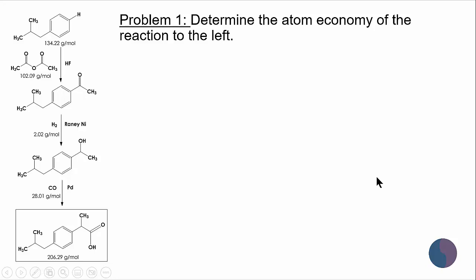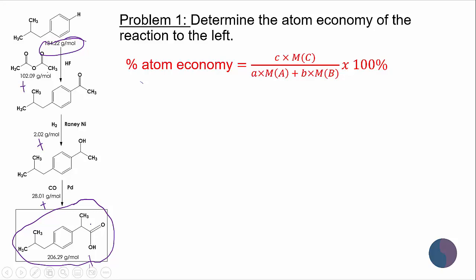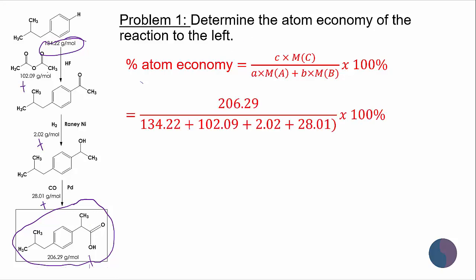So define the atom economy of the equation on the left. So you're starting with this one, and then you're just adding this, and then adding this, and then adding this, and getting to this here. So we're not quite sure if there are wastes there, but that is assumed the product that we want. So you'll soon find out by adding them together. So 206 is the one we want.